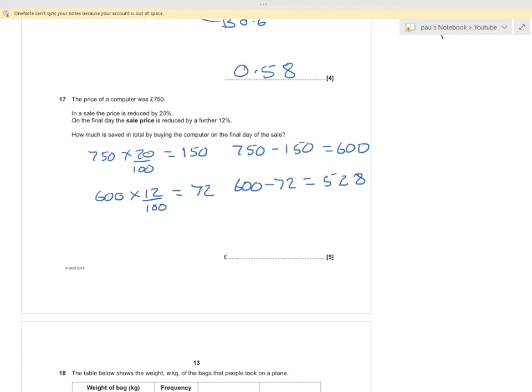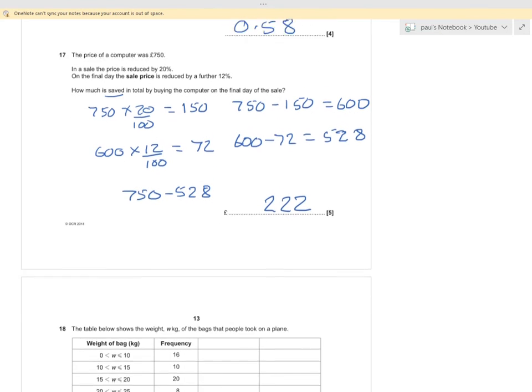So that's the final price. So how much did we save? So 750. Yeah, that's awkward, isn't it? Because normally you just find the price. 750 take away 528, the answer is 222. Did we save 222? I think we did.